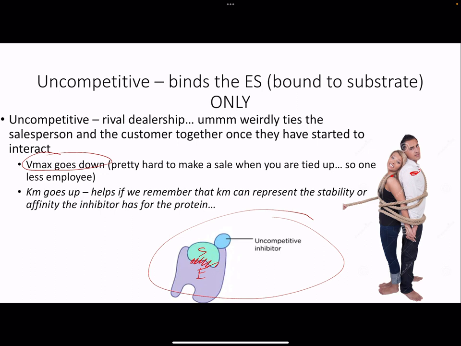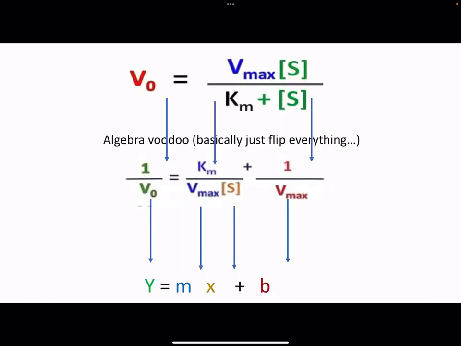Because Km really represents the stability of the enzyme substrate complex. And in other words, how easy is it for them to dissociate? And if they're tied together with rope, it's very difficult for them to dissociate. So a high Km actually means that it's very stable because they can't dissociate because the uncompetitive inhibitor is locking them or tying them into place.